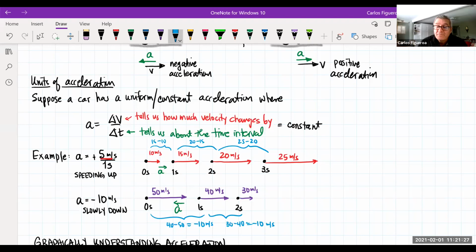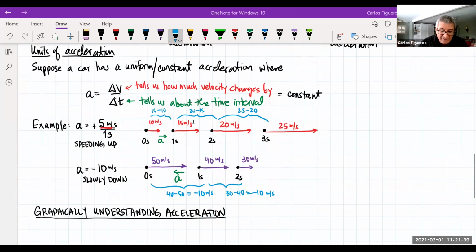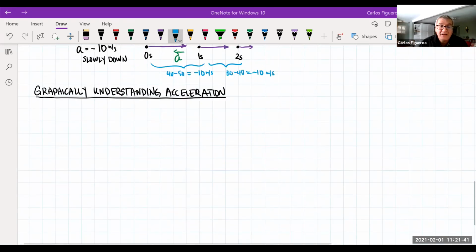Okay, so now let's go look at this thing here. And so what I want to do here is look at this thing graphically because I think there's a lot of information here. So to get a real understanding of the velocity, I want to plot velocity versus time.